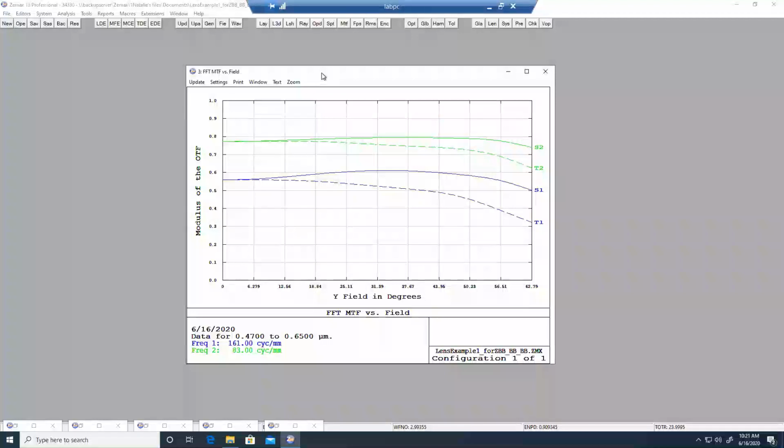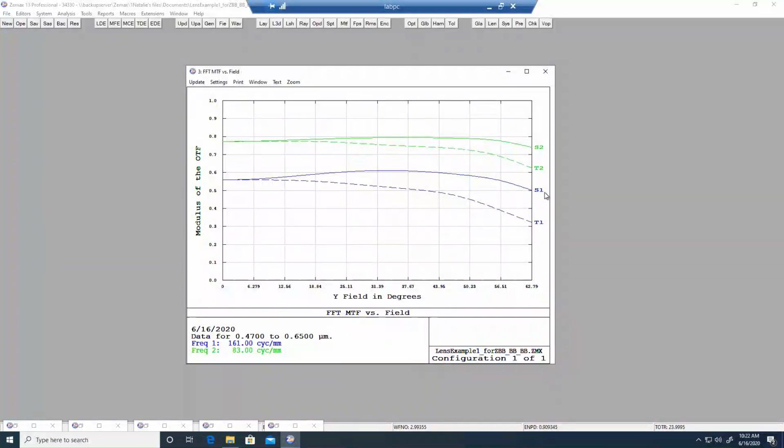Typically, we use the half Nyquist. So we use half of the Nyquist limit that we calculate, just because this is a typical standard methodology for test equipment. So in this case, for example, if we're evaluating the green line, which is 83, for example, cycles per millimeter, this might be assuming a monochrome sensor of 3 micron pixel pitch, for example. And so this would be the half Nyquist of that.